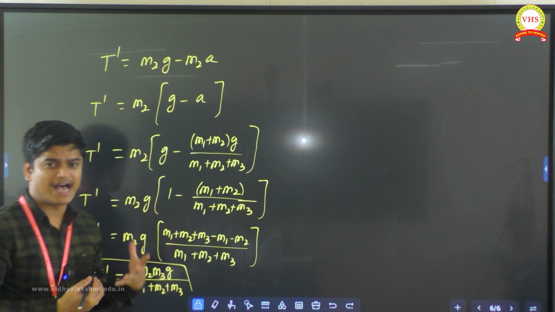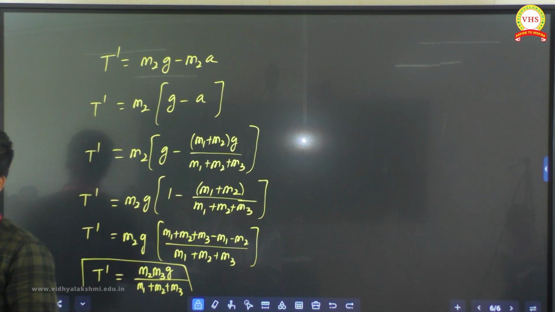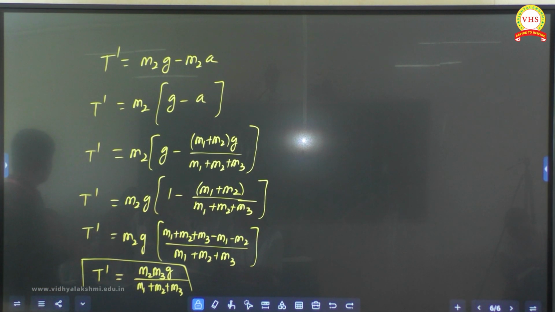So if any question asked like this type of system, pulley block table systems, you can approach with Newton's second law. Write the equation, solve the equation, get the answer. That's it. You check this page, you wrote correctly everything? No doubt? Okay.